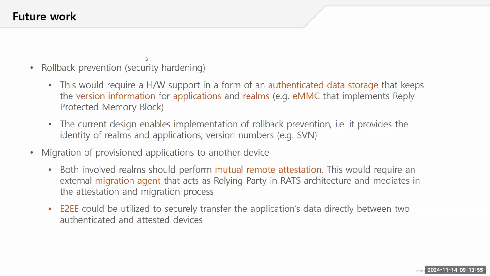So we will probably need to perform a mutual remote attestation of both the source and destination devices. This process will require assistance of some external migration agent that acts as a relying party in RATS architecture. And we think that this process also will require end-to-end encryption to be able to securely transfer applications and data from the source to the destination device.